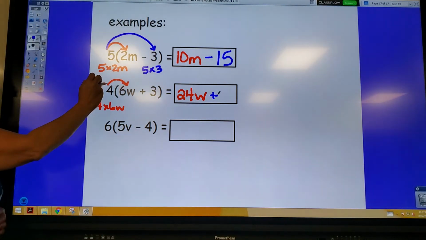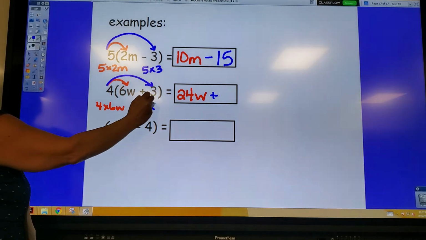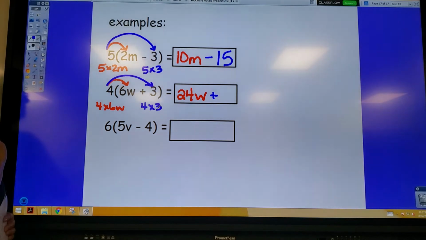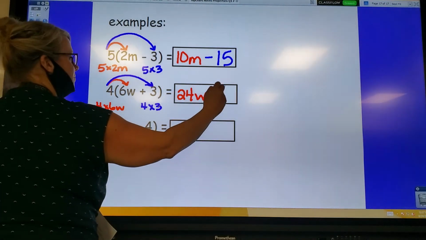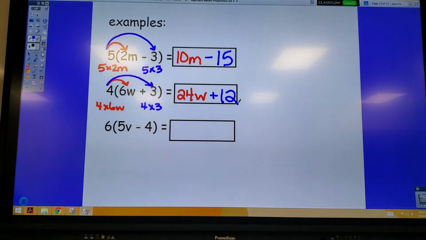And then don't forget, we want to do 4 times 3, which is 12. And you're finished. 24w plus 12. Finished. Do not add them together. One has a w and one of them does not have a w.